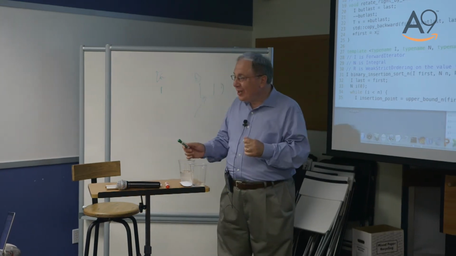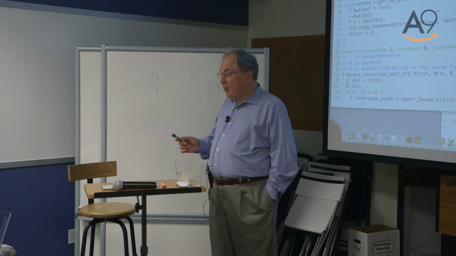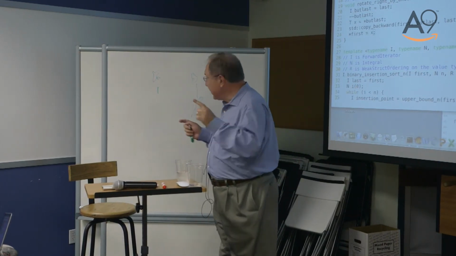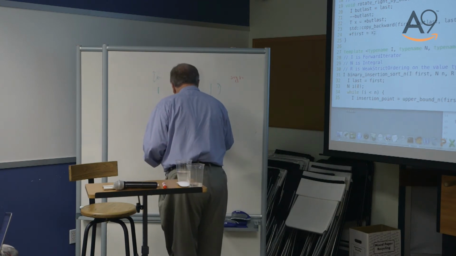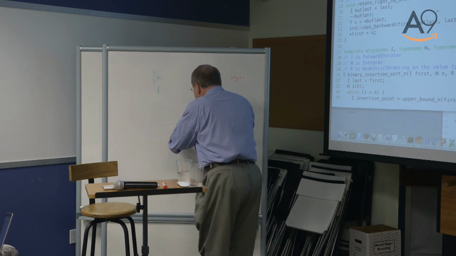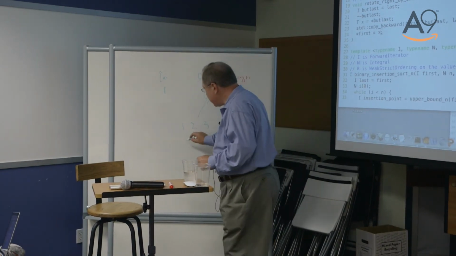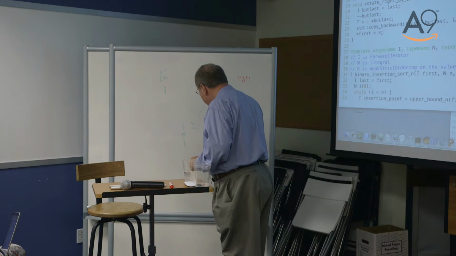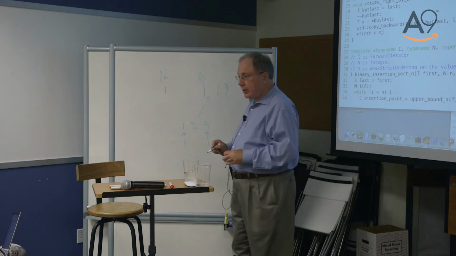Exactly. But the point is it should be first plus 1. No, we're moving F to B. We're moving first. We're taking elements. Okay, let's take elements 1, 2, 3. We need to move 1 and 2. So our first is 1. Our last is 3, not past 3.